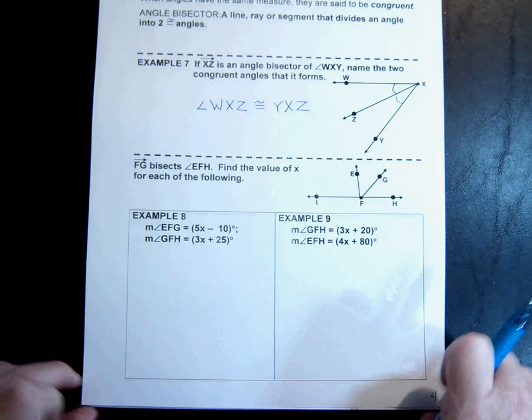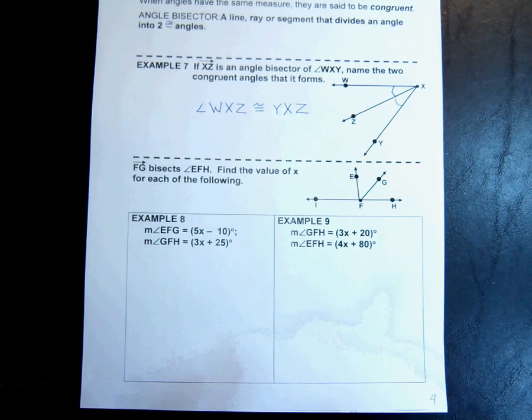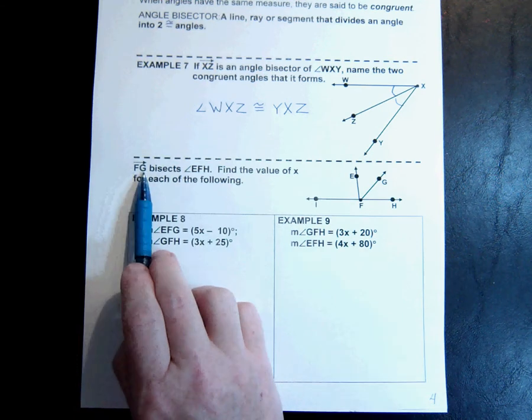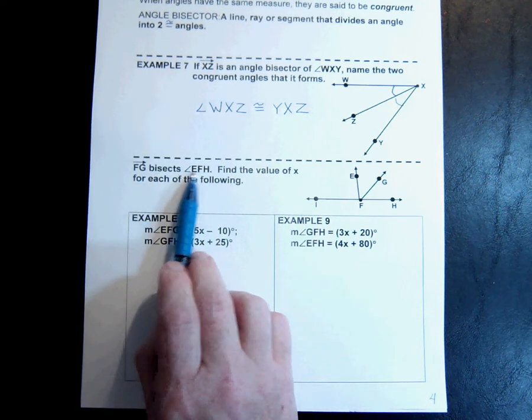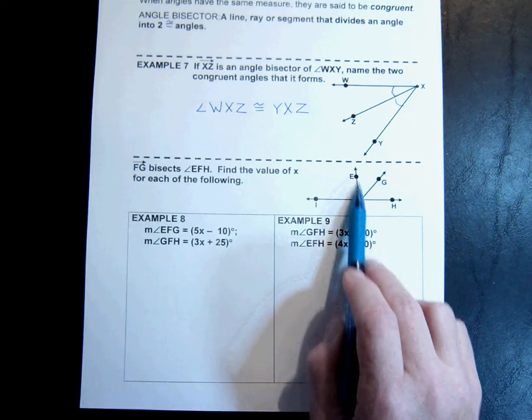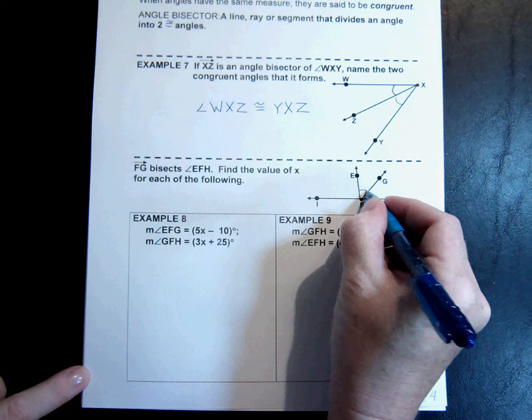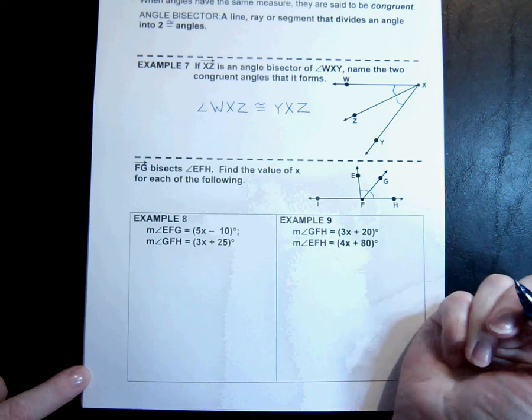For the next example, they want us to find the value of x where FG bisects EFH. FG is the bisector of EFH. Mark it to show that this angle and this angle are congruent to each other.